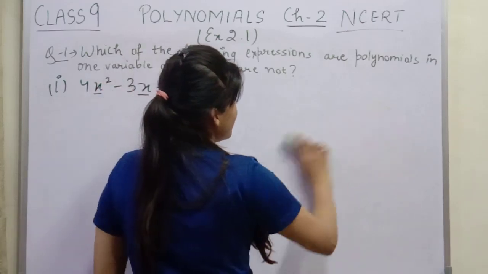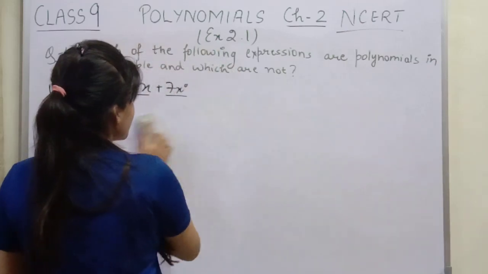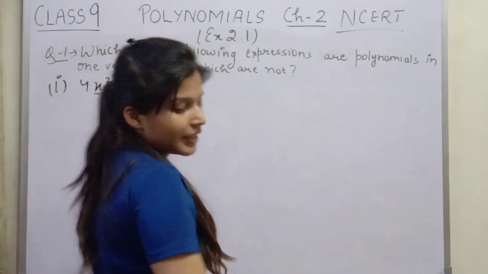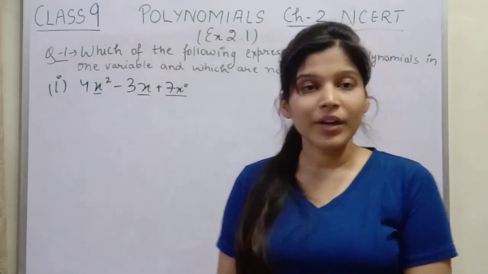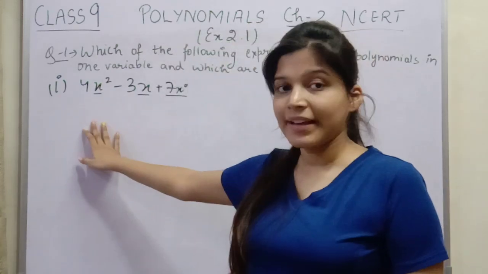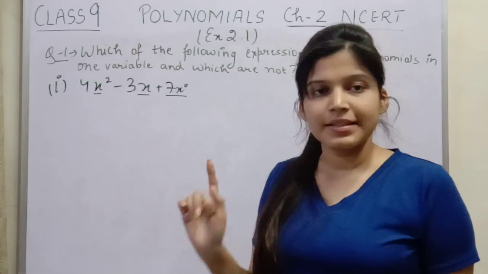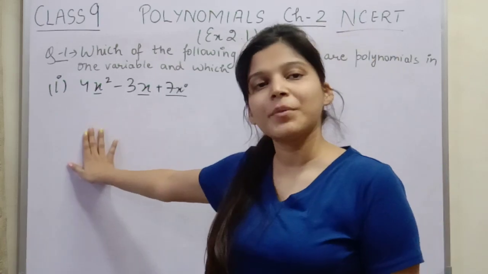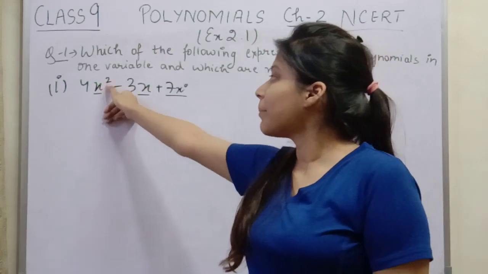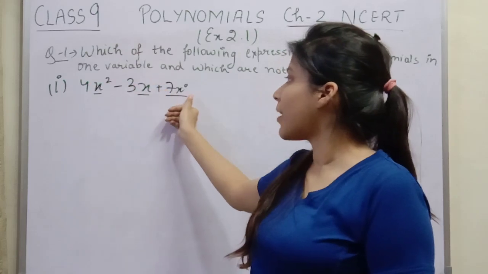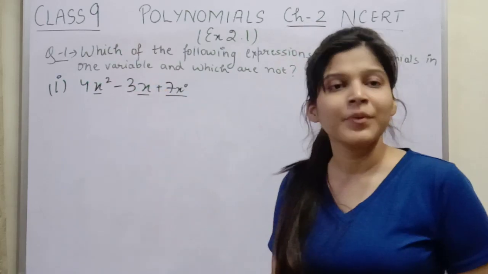So if we notice the first part, we have one variable, x is only there, y and z are not coming, only x is there. So it means that yes, this is one variable and this is a polynomial also, because here we have x raised to the power 2, x raised to the power 1, x raised to the power 0, right?